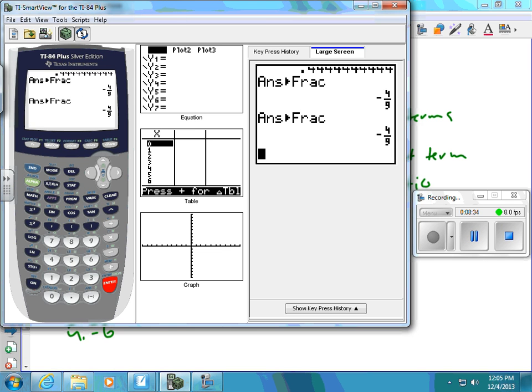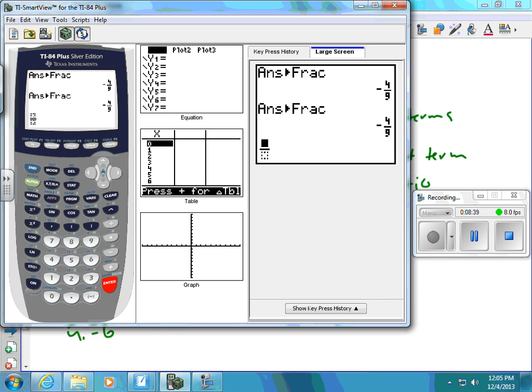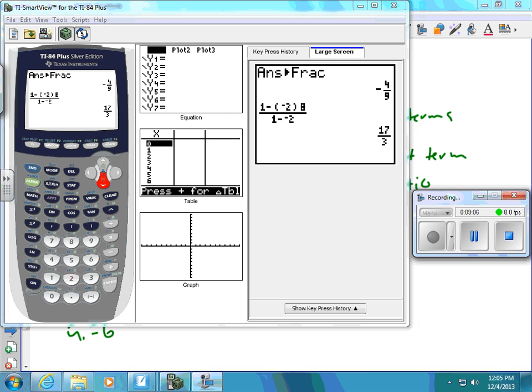Alpha equals fraction. And we're going to do 1 minus a negative 2 to the nth power, which is 8, divided by 1 minus a negative 2. And I hit enter, and I get 17/3.